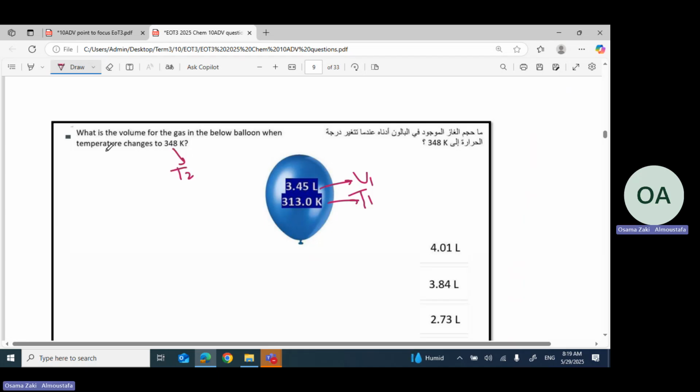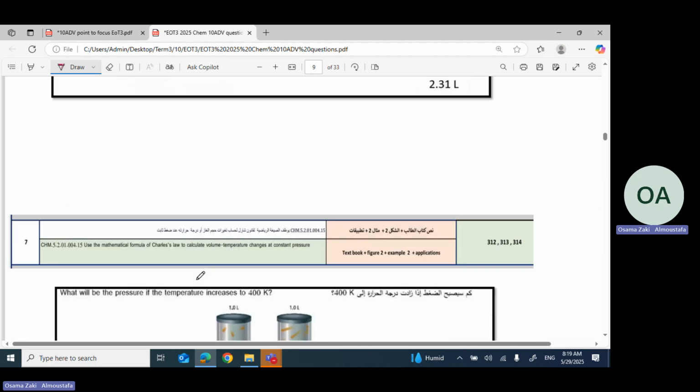So we need to find the volume, V2. The same formula: V1 over T1 equals V2 over T2. Just substitute. V1, 3.45, over T1, 313.0, equals V2. We don't know V2. So T2 is 348. Then you can use your calculator.